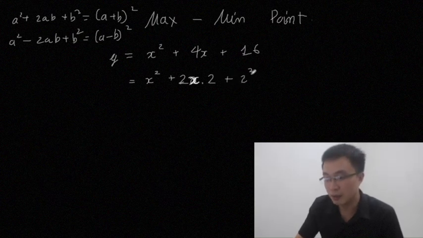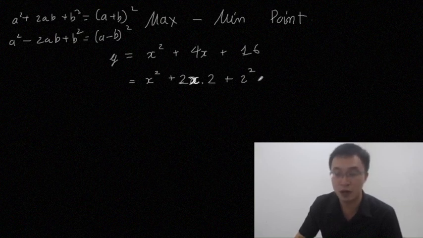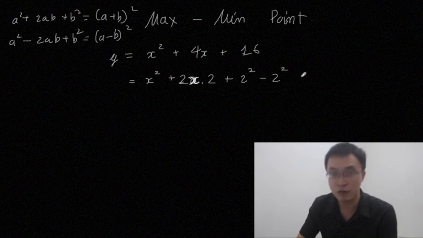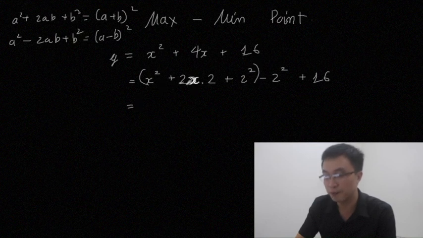Then we add b squared, 2 squared. Because in the original function you don't have 2 squared, I don't want to change the original function, so I will subtract 2 squared here, and 16 I will rewrite.